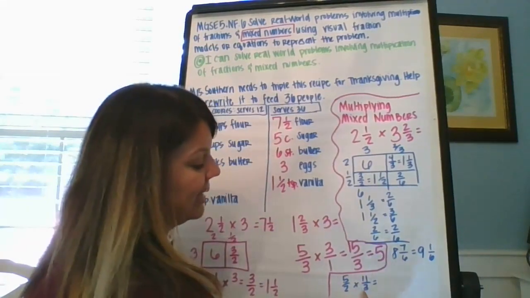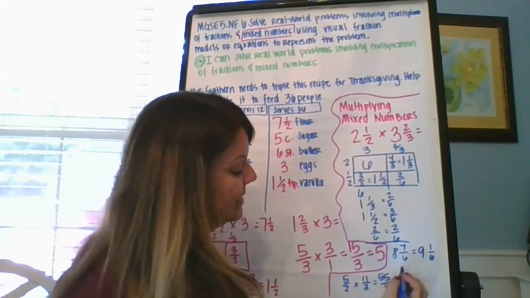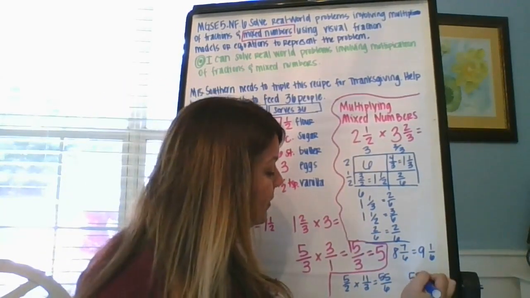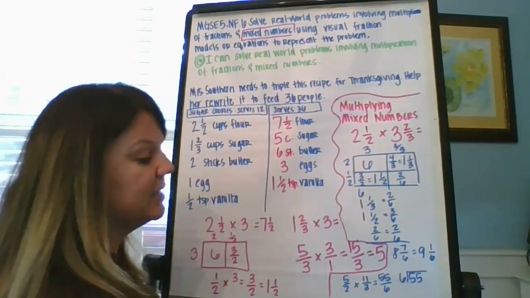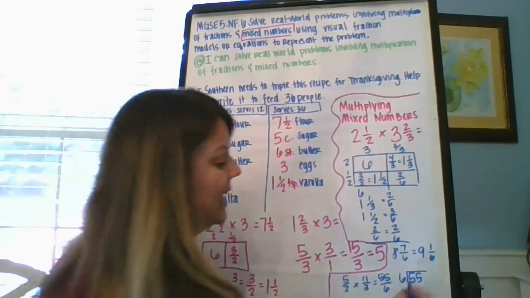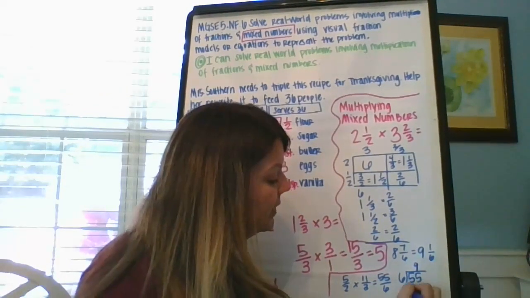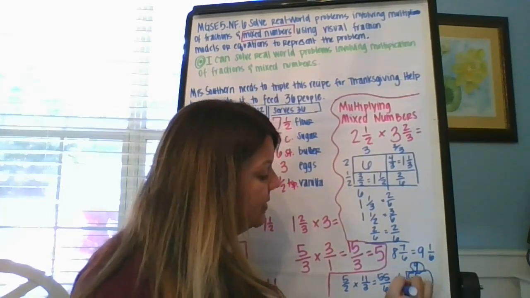Then I've got to do 5 times 11 is 55. 2 times 3 is 6. I've got to do 55 divided by 6. 6 goes into 55 9 times. 6 times 9 is 54. Subtract, 1 left over, 9 and 1/6.